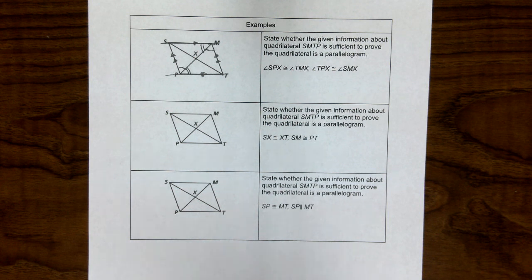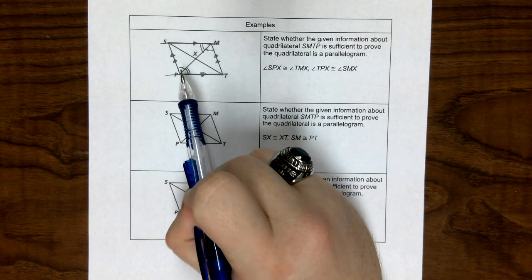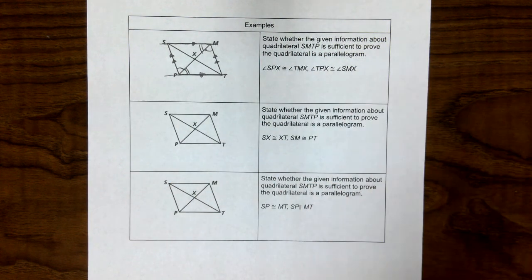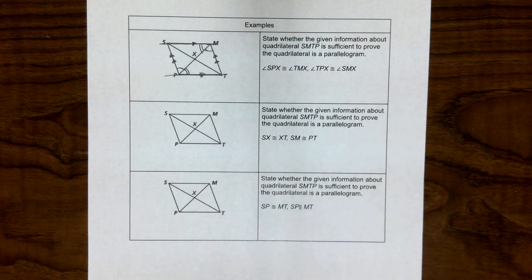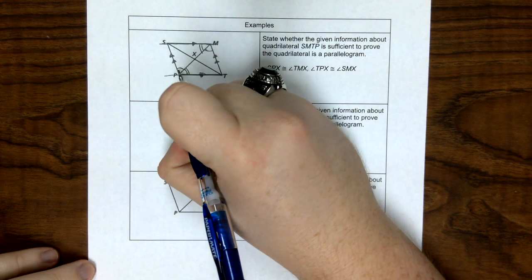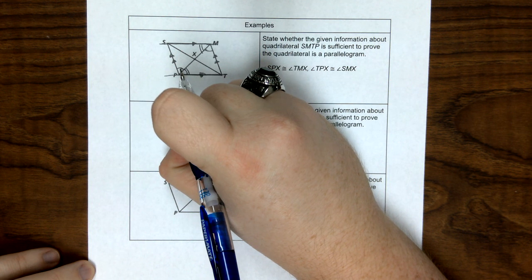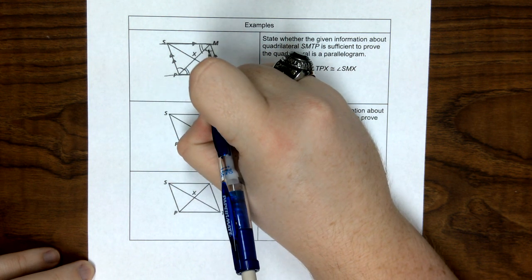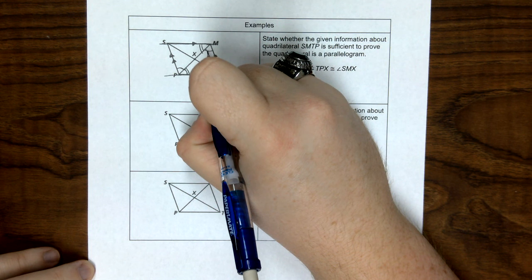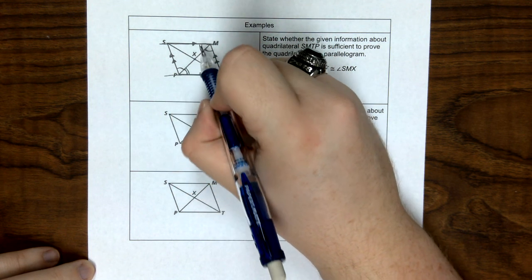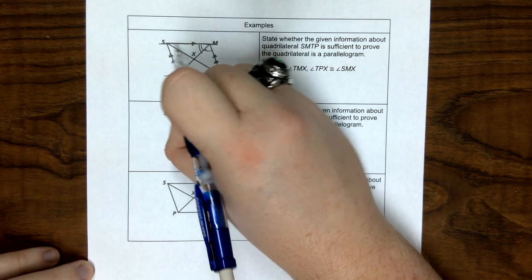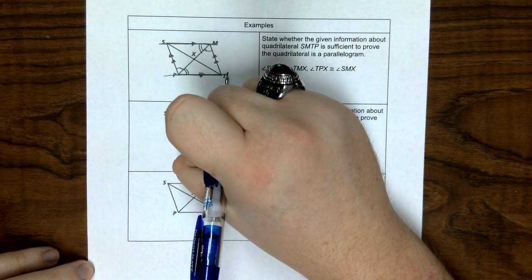And so what's happening here is that we've got alternate interior angles. Now, I know it's pulling back from Unit 3 of Geometry Part A, but we got to use it again. This angle marked with one arc and this angle marked with one arc, they are alternate interior angles. They are congruent. So it is forcing SM to be parallel to PT.